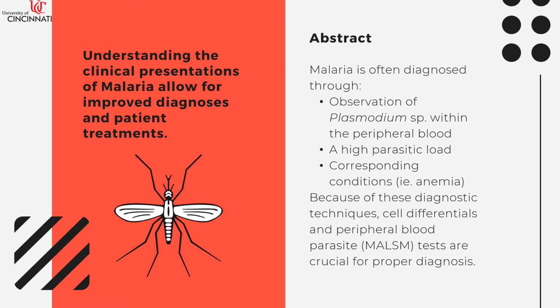Diagnostic characteristics can include observation of Plasmodium species in the peripheral blood, a high parasitic load, and corresponding conditions such as certain anemias. By understanding the clinical presentation of malaria, proper diagnostic techniques, and expected results, hospital staff will be better equipped to diagnose faster, avoiding delayed treatment for affected patients.